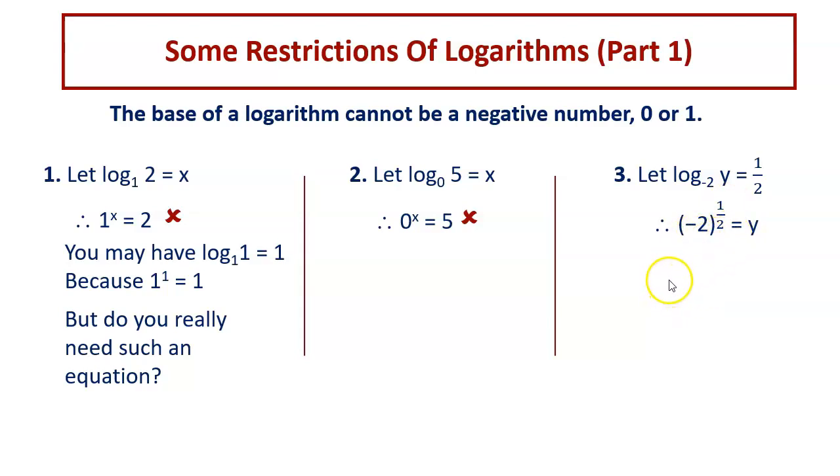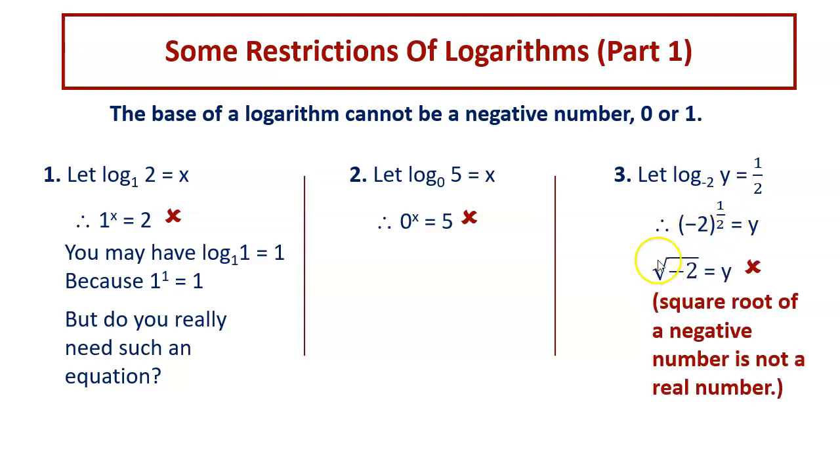And we cannot have negative 2 raised to the power of half. If we write this in root form, it is the square root of negative 2 equal to y, and the square root of a negative number is not a real number. We cannot have a negative number under the square root. So this is one of the problems that arise if we have a negative number as the base of a logarithm.